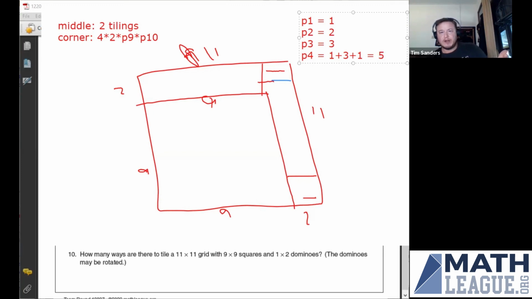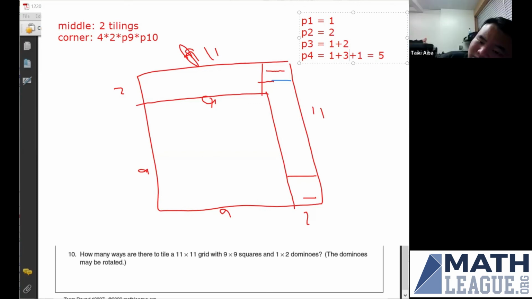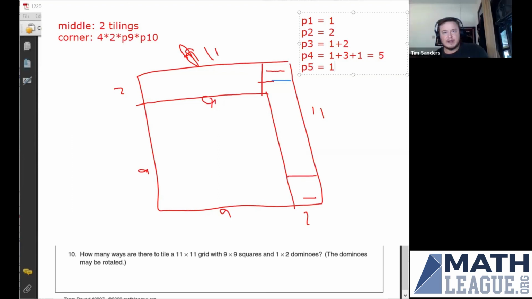P3 is the same way. I could have all verticals, which is a 1, or I could have a pair of horizontals, which gives me a 2, coming from the 2 choose 1. Yeah, looks like Fibonacci. So P5 is going to be a 1 if they're all vertical.